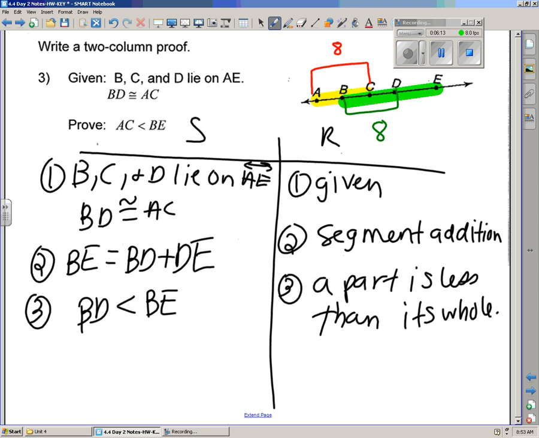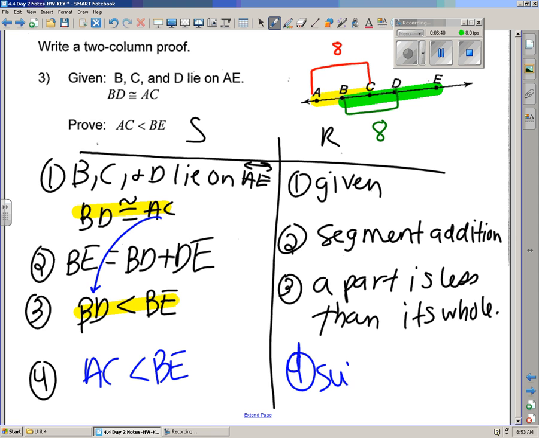And then what we can do is deal with some substitution, because if we take a look at what we have been given in this first line, if we know BD is congruent to AC and BD is less than BE, then we should be able to substitute in AC being less than BE.